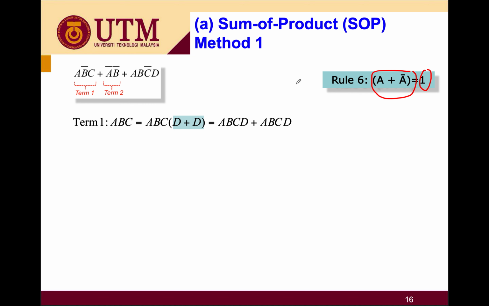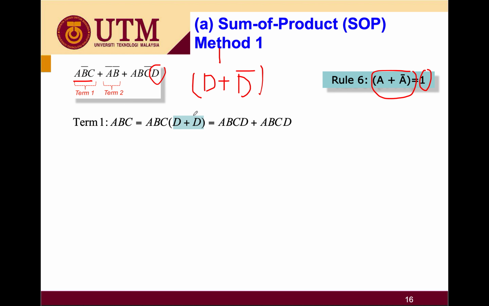So go back to the example here. In the first term, you are missing the D. So you need to multiply it with D plus D bar, because D plus D bar is 1. Multiplying by 1 gives a similar answer.